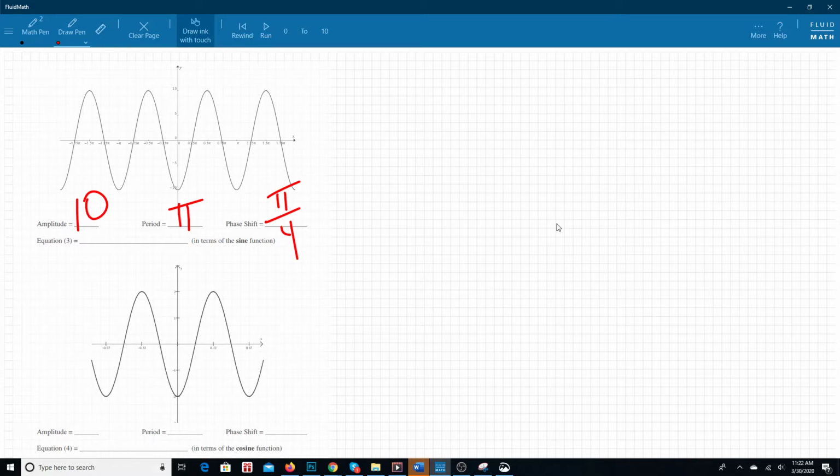Anybody have any idea what the amplitude for this one is? Well, okay, so the amplitude is going to be 2. Everyone sees that, right?